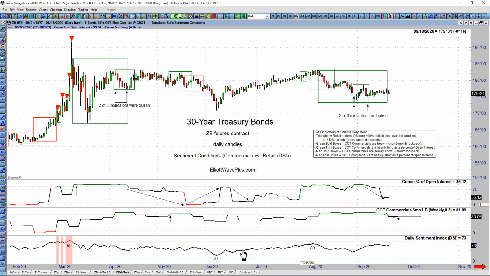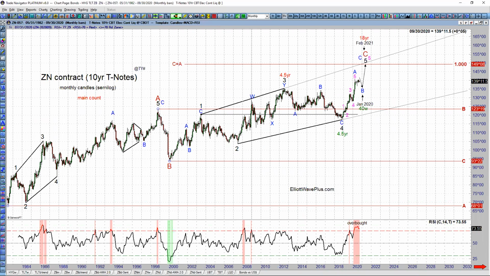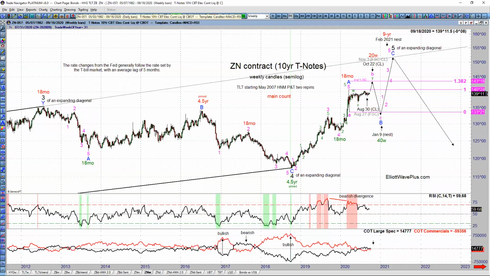They've been generally positioned bullishly. So as we move into the ZN contract, still looking to the upside based on two different cyclic methods through late October, early November. Next.